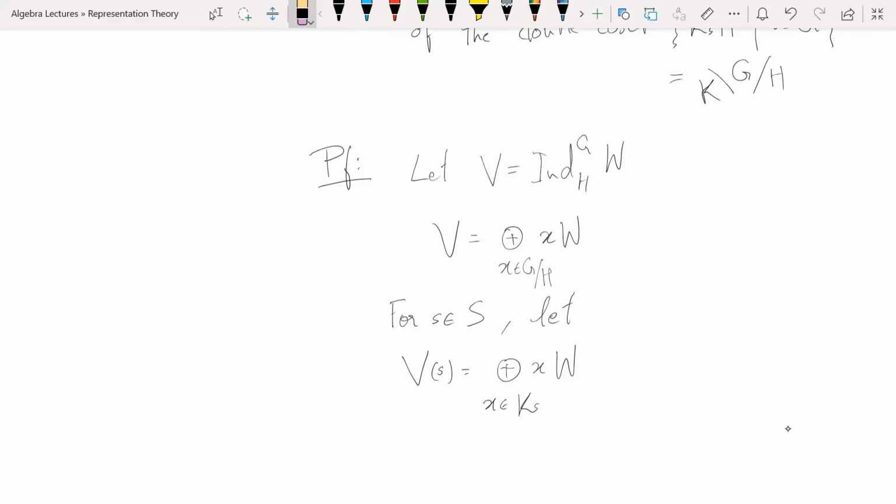So this is not the right way to write it. I want to take only those left cosets, x in G mod H such that x is contained in KsW. So there are certain left cosets.